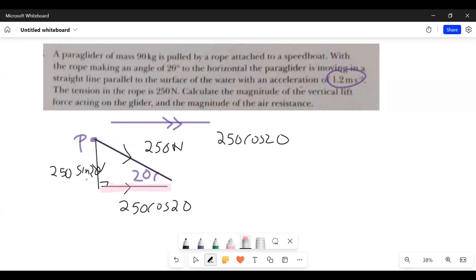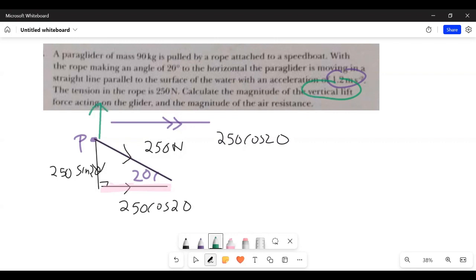Okay, now it's asking, calculate the magnitude of the vertical lift force acting on the glider. So there's some force pushing the paraglider upwards. So that's going to be the contact force. So this would be the vertical lift, an upward force.